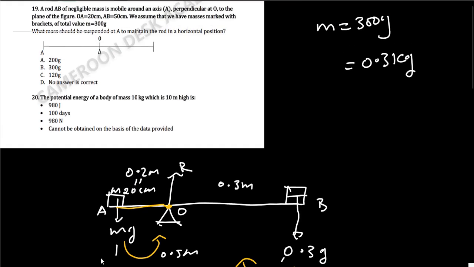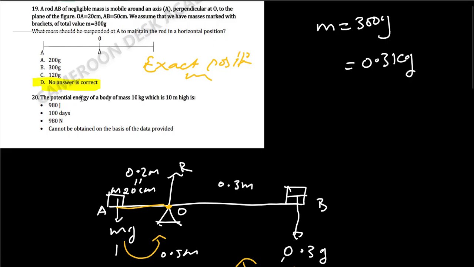If you check amongst the options, there is no answer as such. The issue is we don't know the exact position of the mass M. But if M is placed at A, then the correct option here will be no answer is correct.